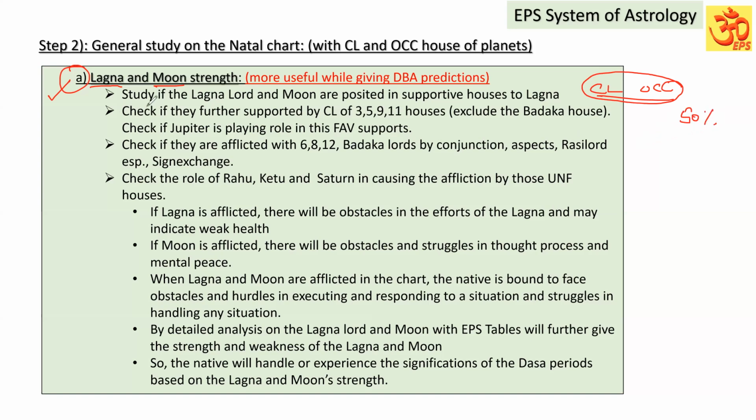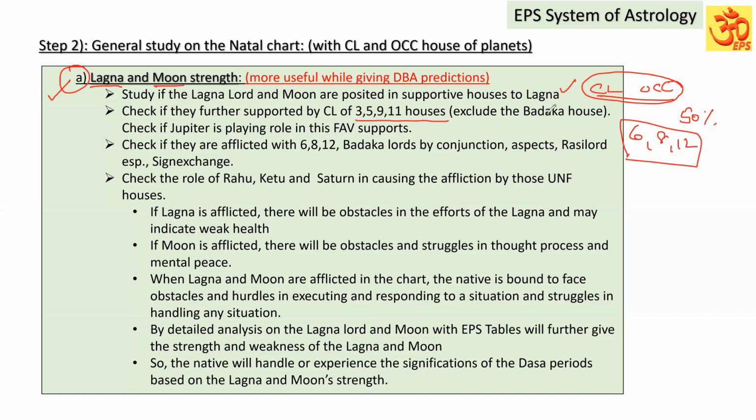First, study whether the Lagna Lord and Moon are posted in houses supportive to the Lagna. Whether the Lagna Lord is well posted and the Moon is also well posted. Supportive houses means they are not posted in the 6th, 8th or 12th houses, which are unfavorable houses to the Lagna in general. Check if they are further supported by the cuspal lords of the 3, 5, 9, 11 houses. Basically, they are all favorable houses to the Lagna.